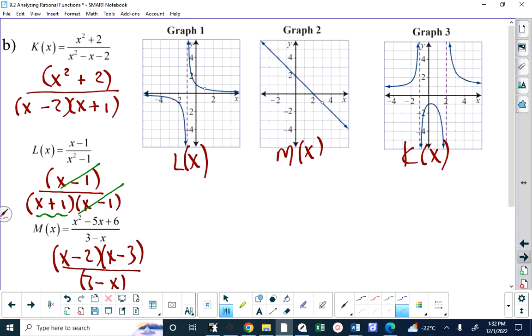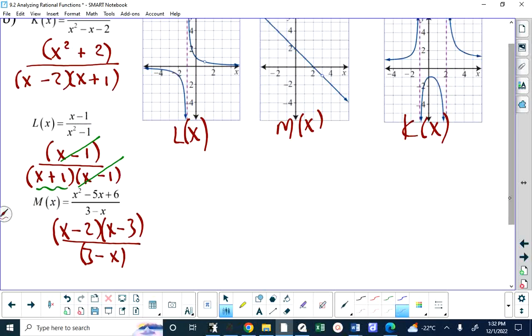But does this factor on the bottom cancel? Well, it has to because there's a hole. My question now is, how does that 3 minus x cancel?